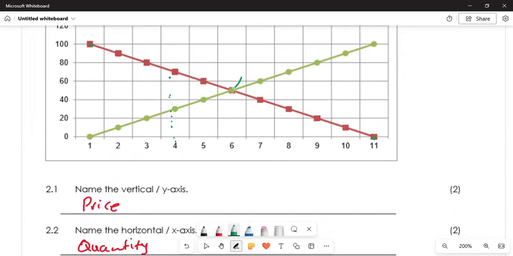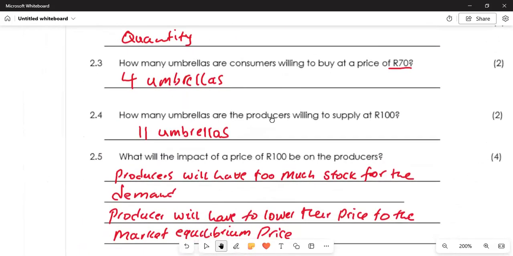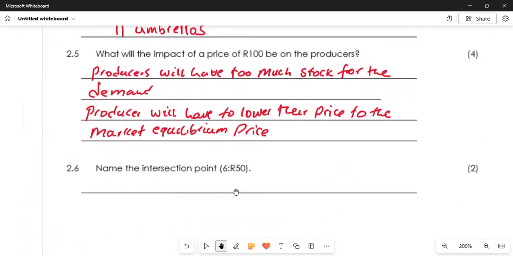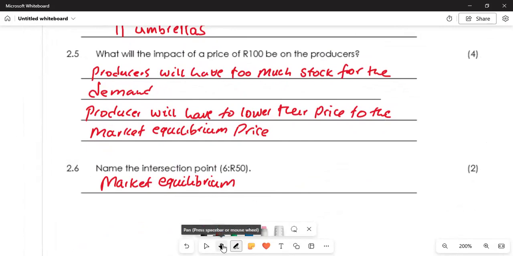This is the intersection that they're talking about. What do you call that intersection? That's what the question wants. So the intersection is called what? Market equilibrium. It's called market equilibrium.